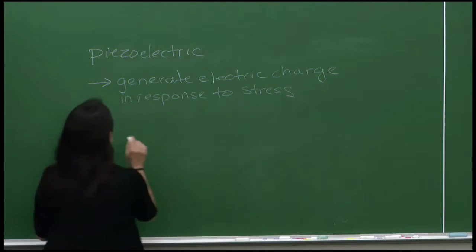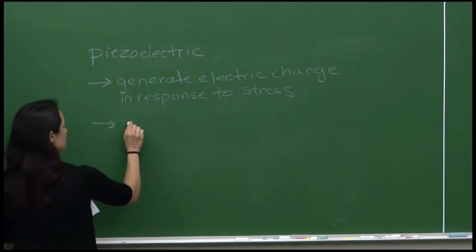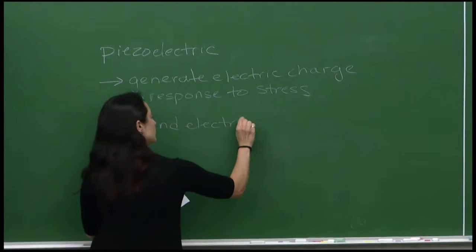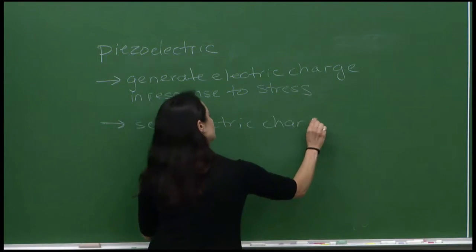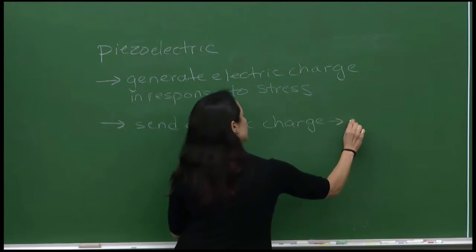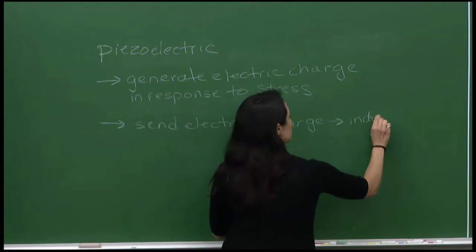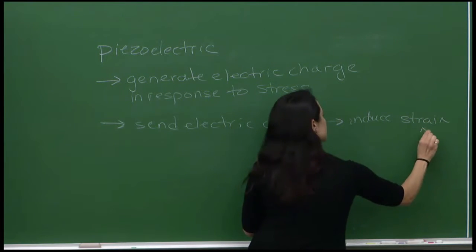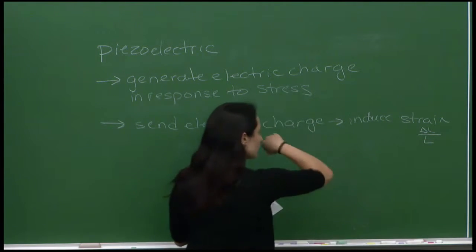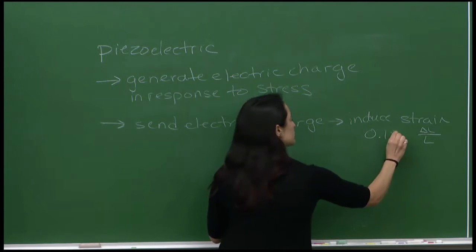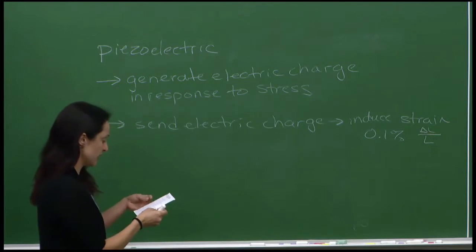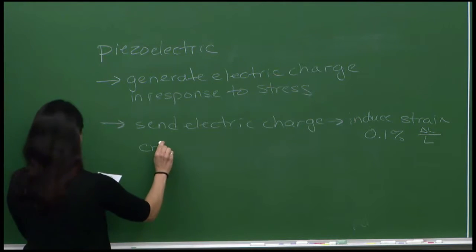But it's also reversible, that if you send an electric charge, you can make these materials, you don't induce stress, you induce the physical aspect of strain, which you remember is like a change in length over length, up to about 0.1% strain. And these are crystals or crystalline materials, for you materials engineers.